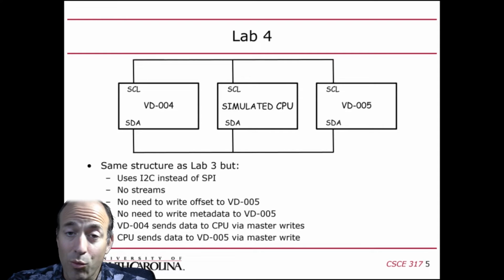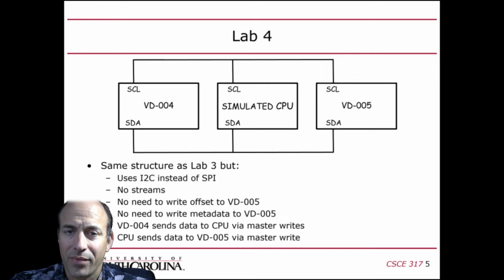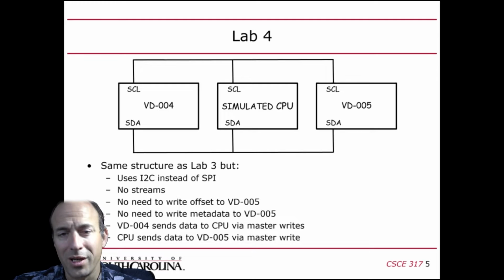In the previous lab, we called it streaming mode, but with I2C, it's called combined transactions. We are not going to cover combined I2C transactions this semester. We're just not going to get to it. So all of the transactions performed in Lab 4 will be single word transactions. There'll be no streams.